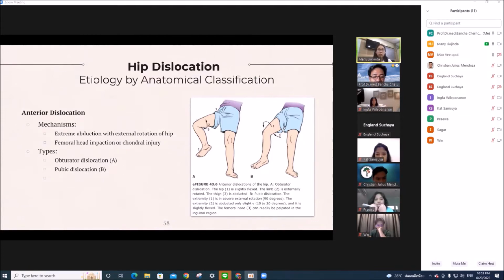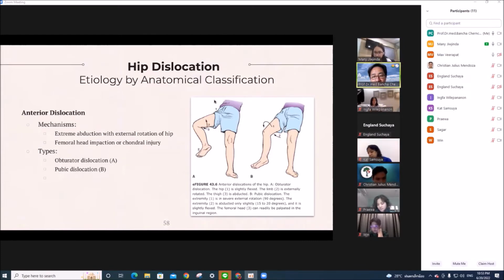When I was looking it up online, examples they gave were also car accidents, but it has to be in this position. And then there are two types. Not sure we need to know them, but there's the obturator dislocation type and the pubic dislocation type. There will be specific physical examination findings, as you can see in the description of the picture.